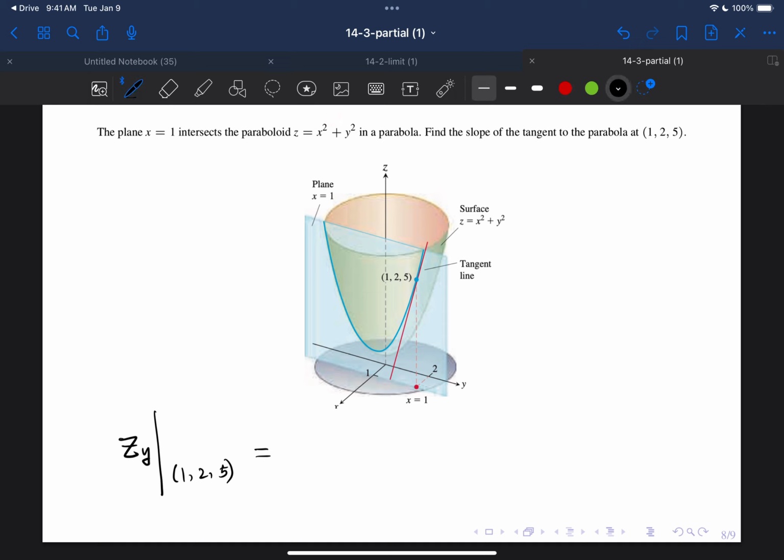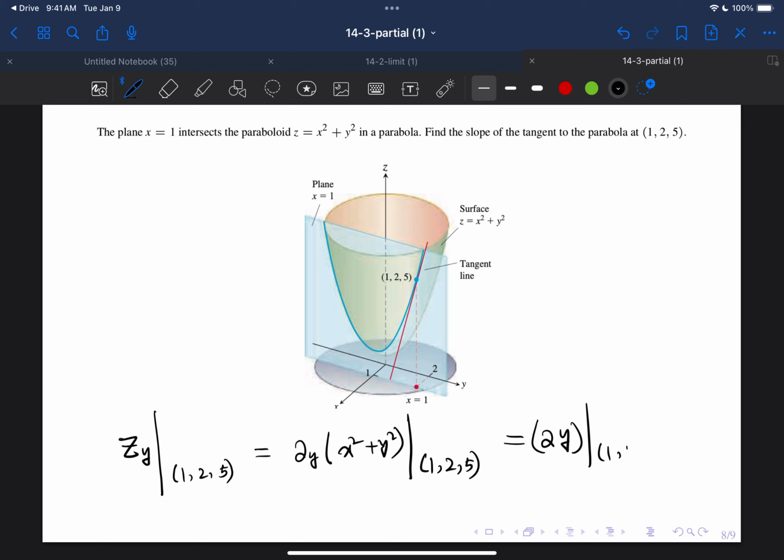x squared plus y squared is z. So this is partial y of x squared plus y squared, at (1, 2, 5). In this partial derivative, y is running, but x is frozen. So the constant's derivative is 0. And for y squared, take the derivative, that's 2y.